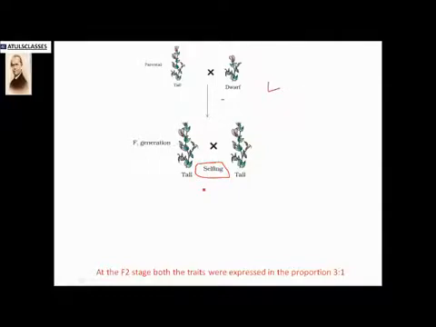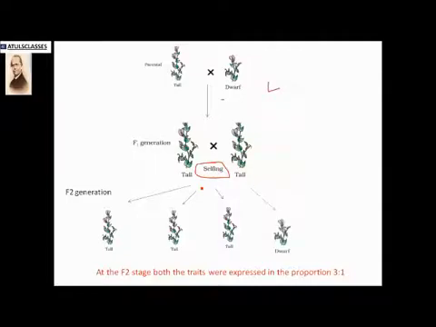After selfing, he observed in the F2 generation, or filial 2 generation, the ratio as 3 plants that were tall and 1 dwarf. Three parts of all the plants that developed in the F2 generation were tall and one part expressed the dwarfness.